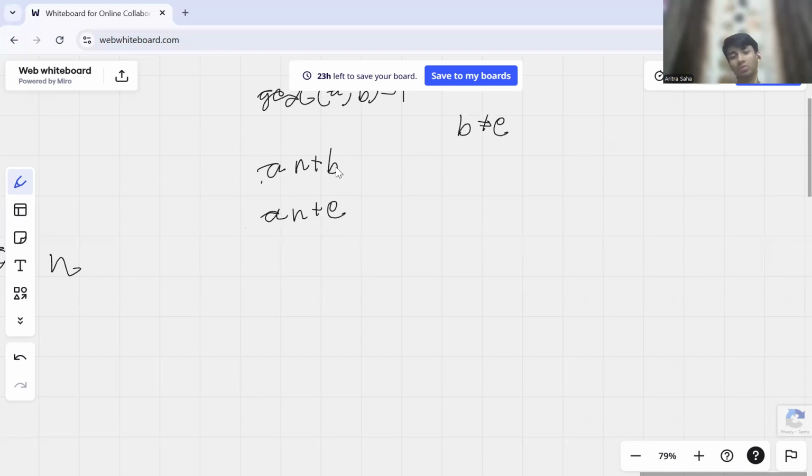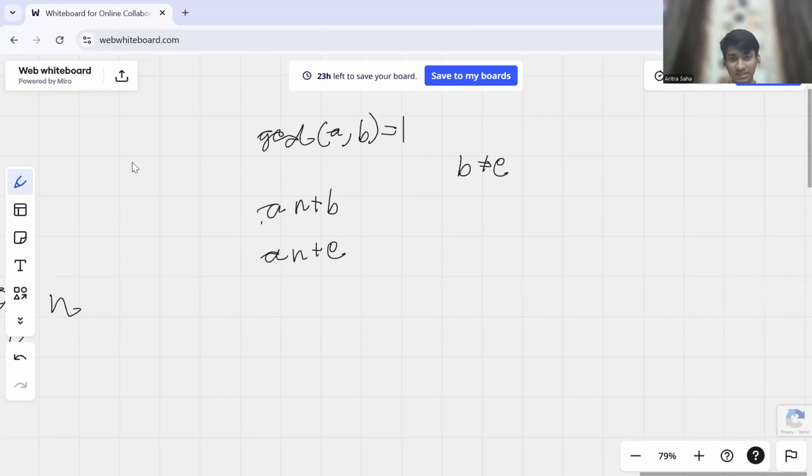They will be kind of equal. So like 5n plus 1, 5n plus 2, 5n plus 3, 5n plus 4: of all the prime numbers there are, 1 by 4 will be 5n plus 1, 1 by 4 will be 5n plus 2, 1 by 4 will be 5n plus 3, 1 by 4 will be 5n plus 4.